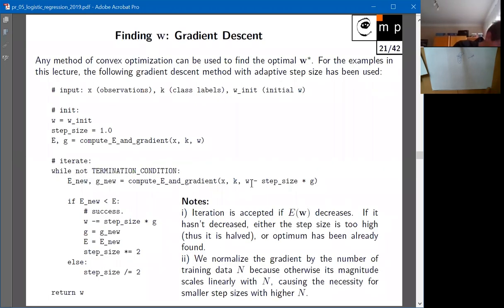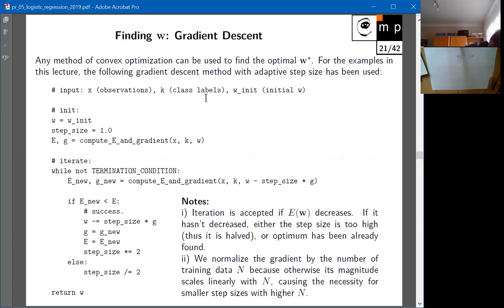And in principle, this very short code in MATLAB could solve logistic regression, compared to what we'll see in some other minimization problems in other methods of machine learning. This is very, very simple.